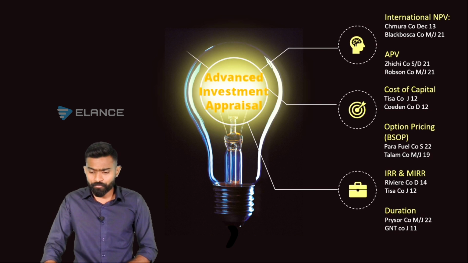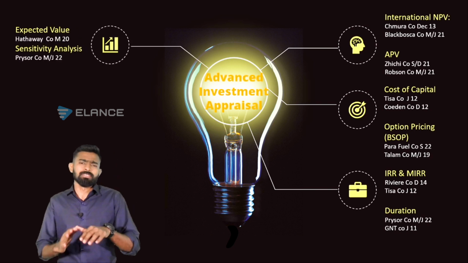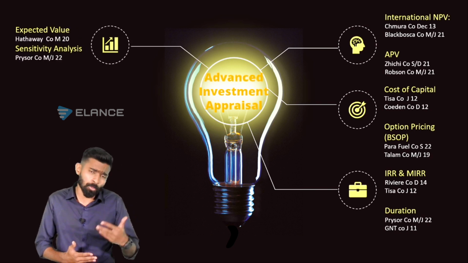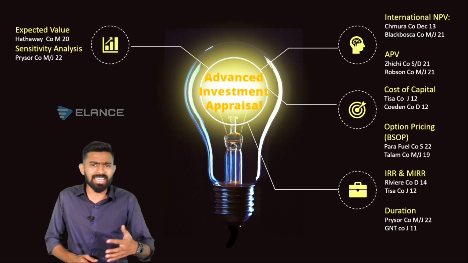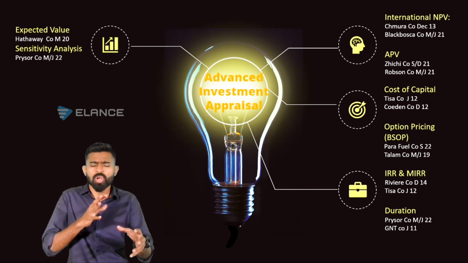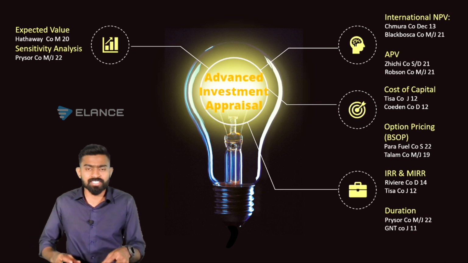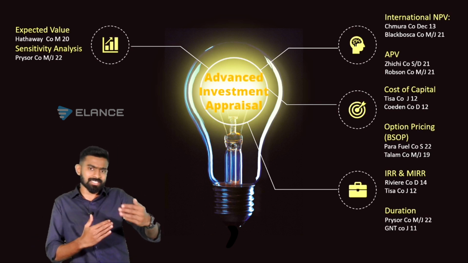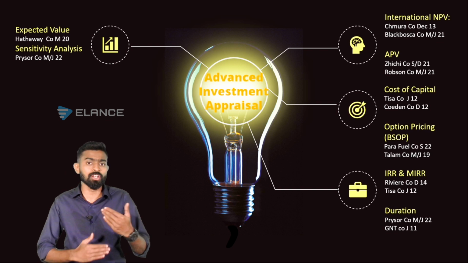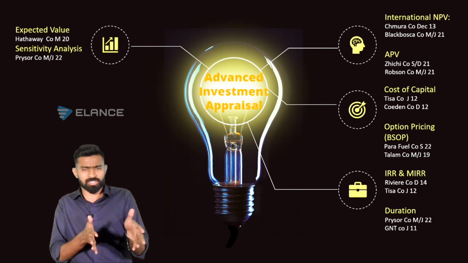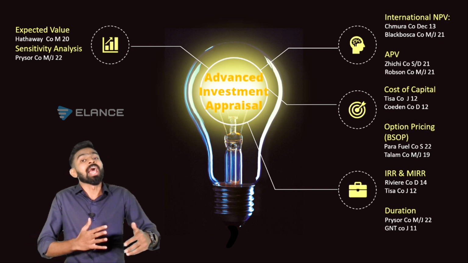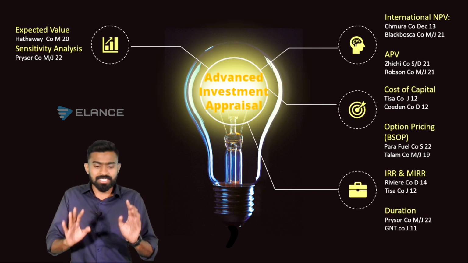Finally, there are a few other topics which are actually from FM itself: probability analysis and sensitivity analysis to evaluate the risk and uncertainty of an investment project. In further analysis, we'll go for a probability analysis, which is expected value calculation, and a sensitivity analysis. There are two questions.